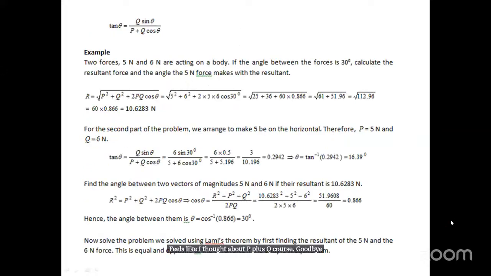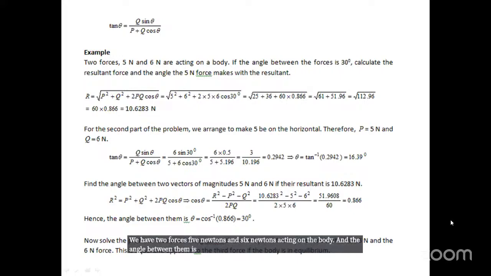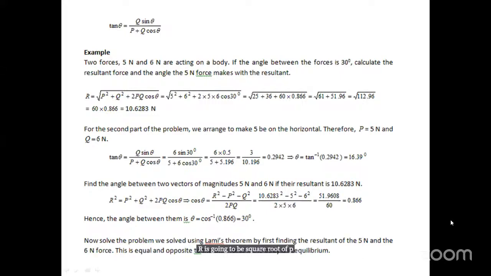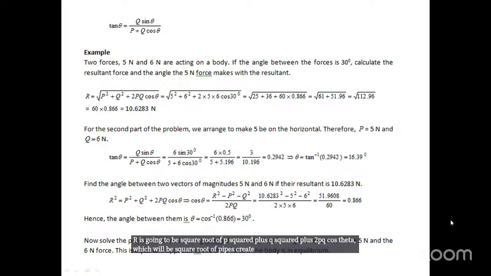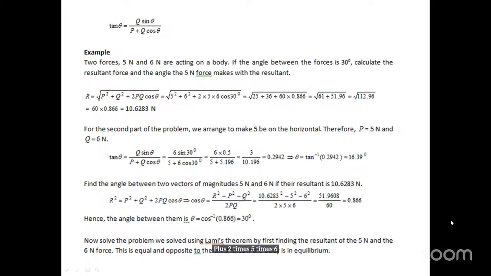Let's take an example. We have two forces, 5 newtons and 6 newtons acting on a body, and the angle between them is 30 degrees. Calculate the resultant force and the angle the 5 newton force makes with the resultant. R is going to be the square root of P squared plus Q squared plus 2PQ cos theta, which will be the square root of 5 squared plus 6 squared plus 2 times 5 times 6 cos 30 degrees.